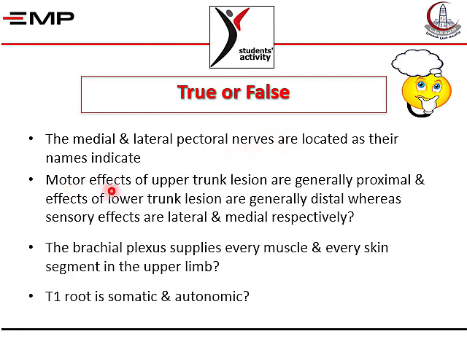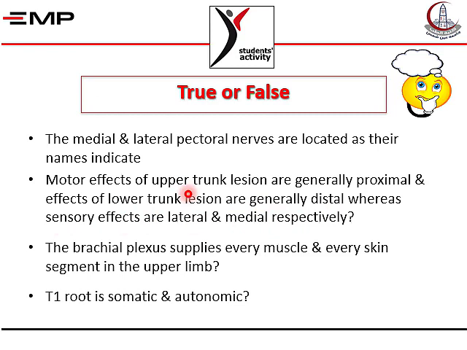Second statement: motor effects of upper trunk lesion are generally proximal, while effects of lower trunk lesion are generally distal, whereas sensory effects are lateral and medial respectively. Okay, regarding the motor effect, yes, the upper trunk supplies shoulder and front of arm muscles, which are proximal.